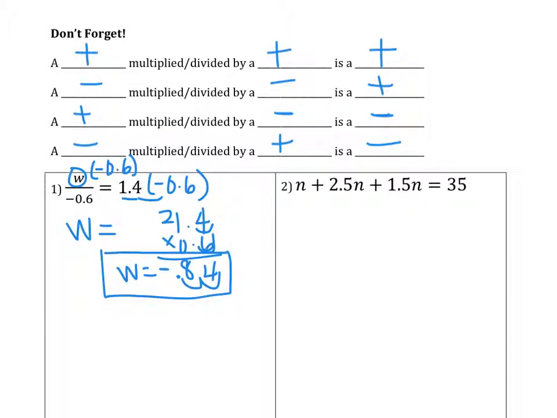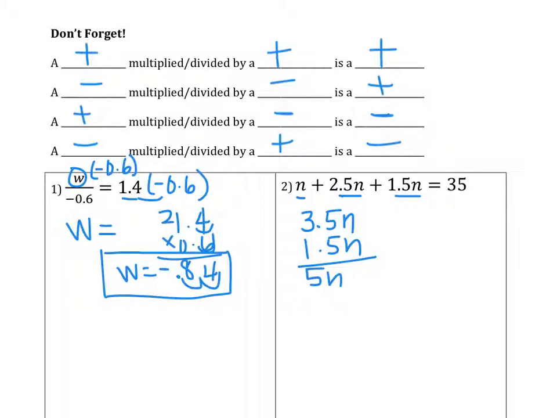Number 2, first thing we want to do is combine all of our like terms. So we have 3 like terms that we want to add together. So we have 1n plus 2.5 n's, that's going to be 3.5 n's, plus another 1.5 n, so that is going to give us 5 n's.